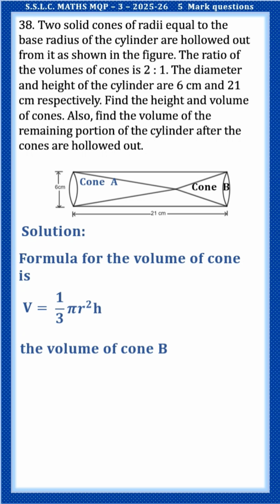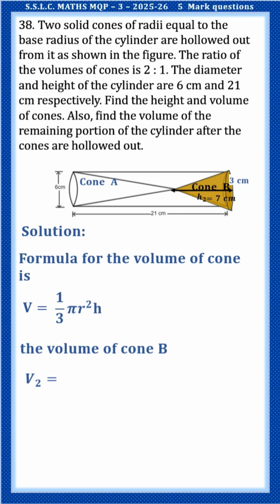This is the cone B. Here radius is 3 centimeter. Height of this cone is h2, that is 7 centimeter. So now let us substitute the values in the formula 1 by 3 pi r square h.